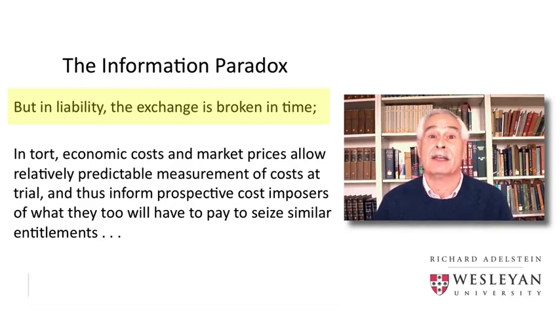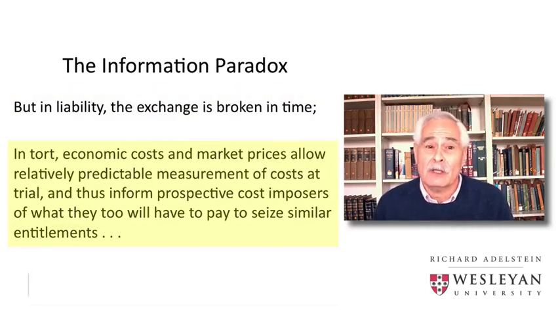That is, the transaction does not take place instantaneously with the exchange of goods. The first half of the transaction, the cost imposition, takes place well before the second half of the transaction, the exaction of the liability price. Both tort and crime are subject to this breaking of the exchange in time.